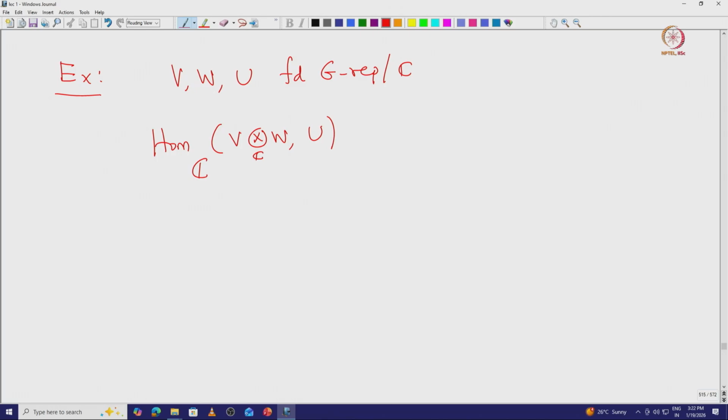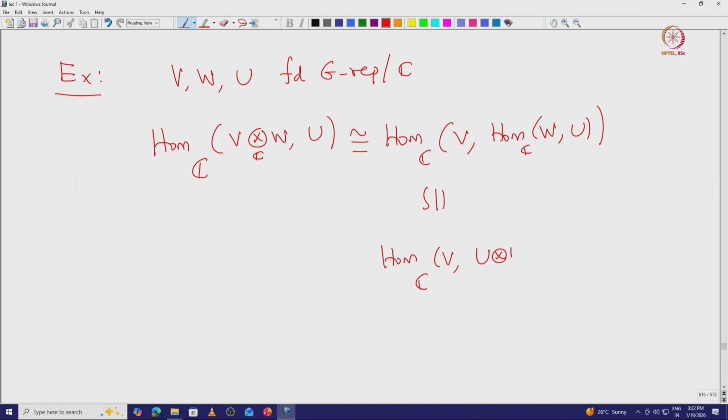Now what one can prove is that this is isomorphic to Hom(V, Hom(W, U)), so you can switch this W to the right side, and this is again isomorphic to Hom(V, U tensor W star).